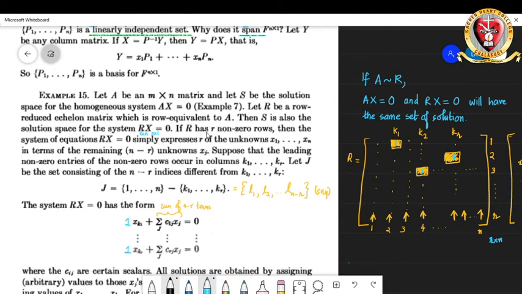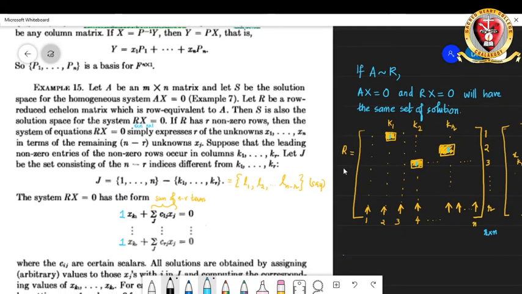So suppose R has small r non-zero rows, then the system of equations Rx equal to 0 will express small r among the x1 etc. xn unknowns in terms of the remaining n minus r unknowns xj.